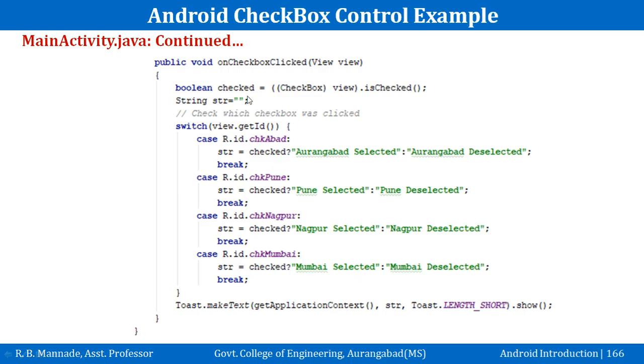Its state will be retrieved in the first statement, which will be true. It means the checked variable will have a value of true, and then in the switch statement we get the ID with view.getId, which is the ID of the Pune checkbox, the second case. So execution control is directly transferred to the case.